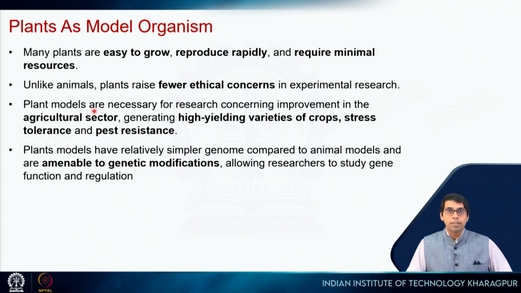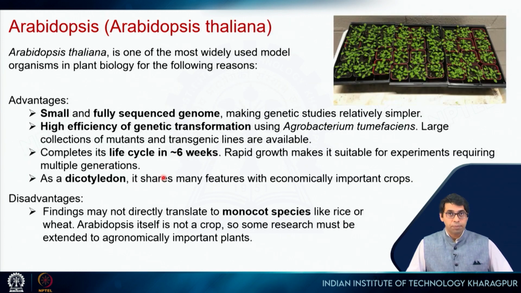Plant models are necessary for research concerning improvement in the agricultural sector, which is a very important concern for us, so that we can generate high yielding crops that can tolerate different stress conditions and are pest resistant. Plant models have a relatively simpler genome compared to animal models and are amenable to genetic modifications.